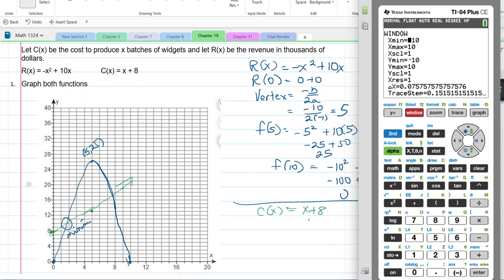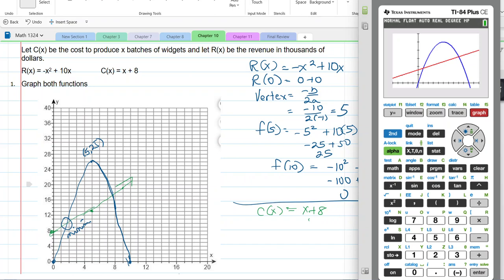Let's do -5 for x minimum, and let's do 12 for max. And then on the bottom, we're going to do a -3 for the min, and for the max, I'm going to put 30. We're going to do multiples of 5, so we don't have a whole bunch of lines. So here we go.